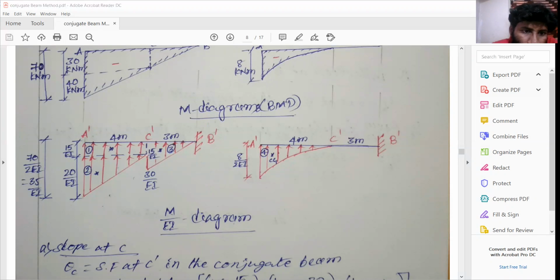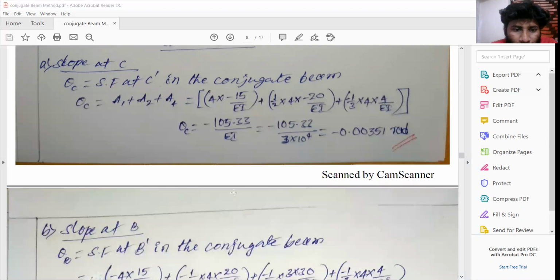Again, here also you have to consider 1 by 2 into 3 into 30. And 1 by 3 into 4 into 8 divided by 2a. You see the values here.